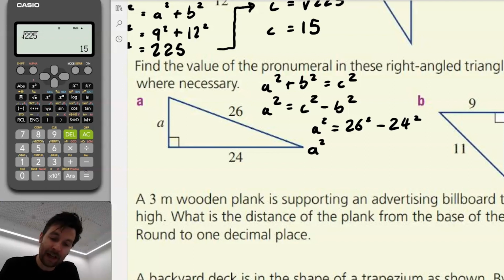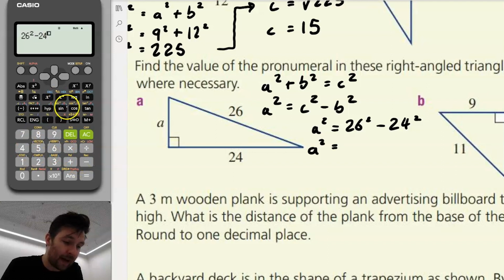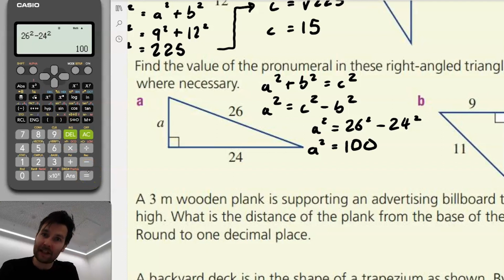So then on my calculator, I'd be punching it in like this: 26 squared take away 24 squared. Oh, 24 squared equals 100. And then similarly to last time, if something squared is 100, the something is going to be the square root of 100, which is going to be, we don't need the calculator for this, 10.